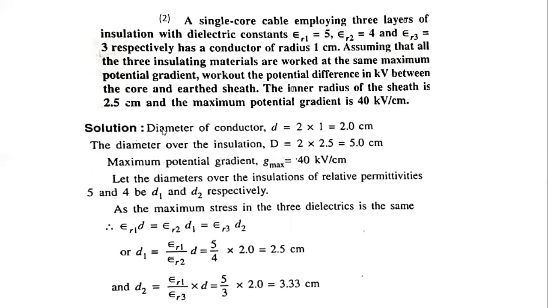First of all, we calculate the diameter of the conductor. What is the diameter of the conductor? That is 2 into radius.